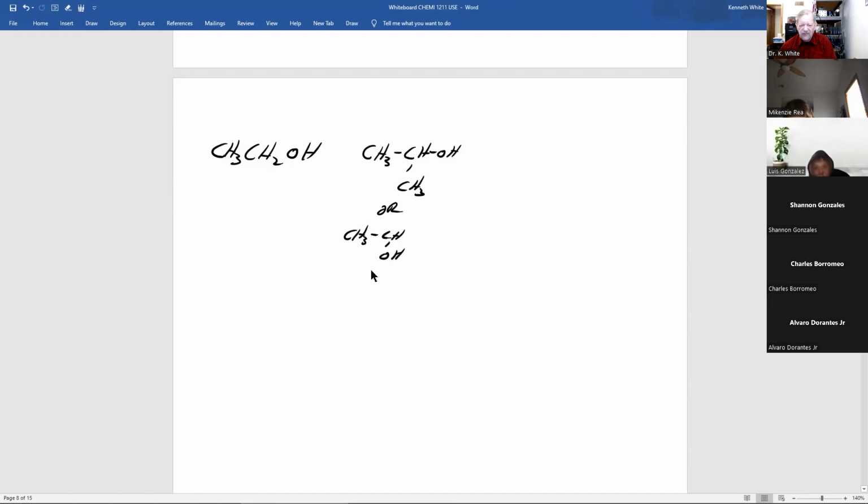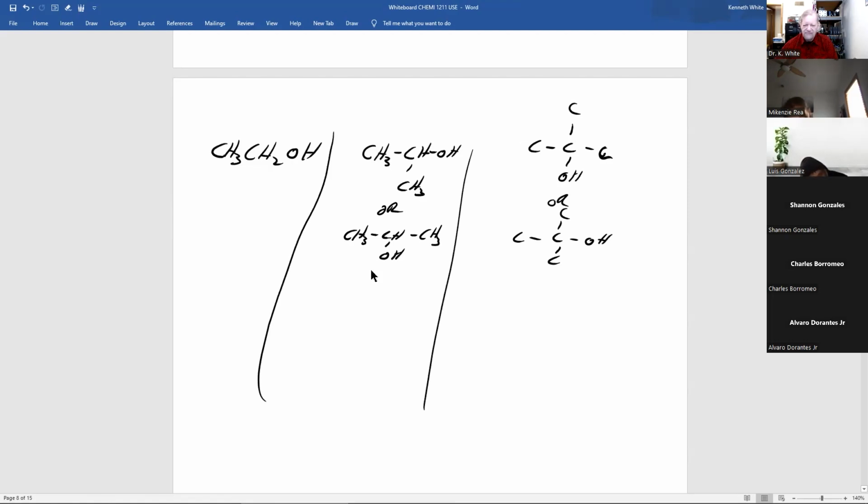All right, let's look at these three molecules.